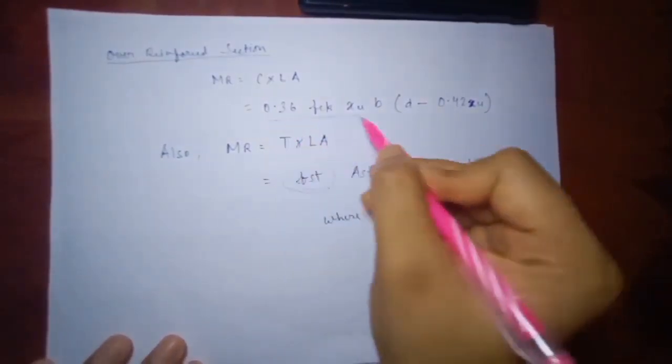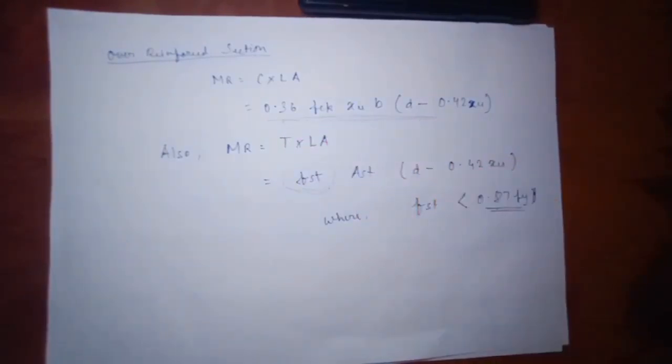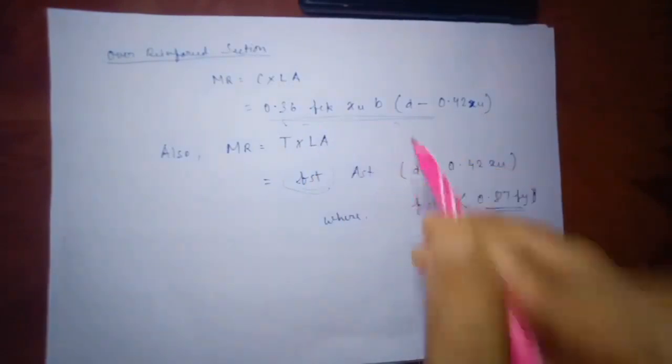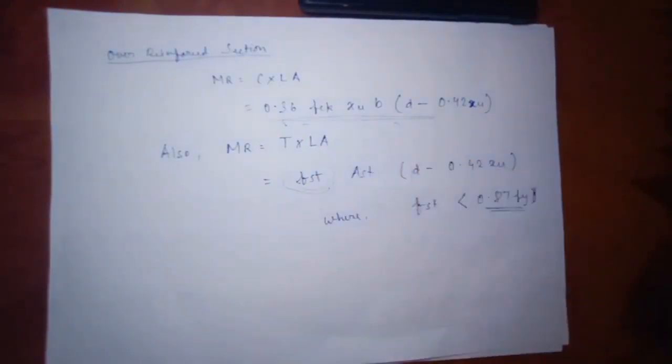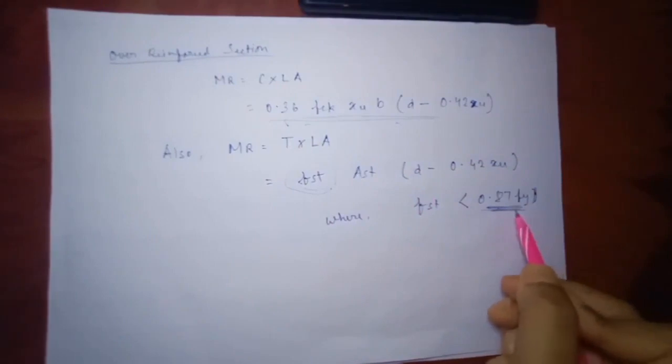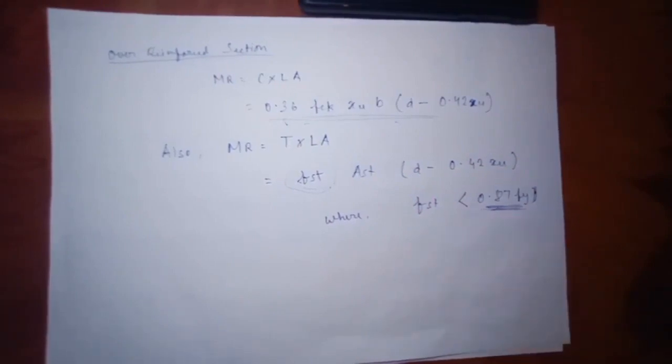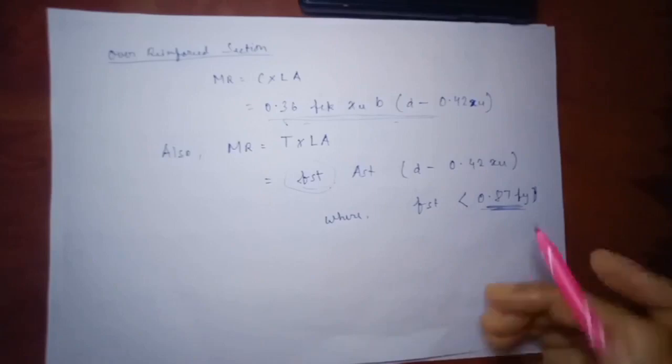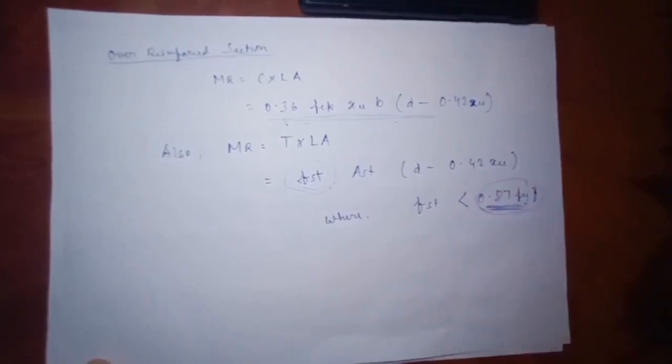But our concrete reaches its fracture strain, and therefore this formula is not altered. Only this formula is altered because I cannot use this one, as our steel is taking some stress which is lesser than the yield stress at the time of failure.